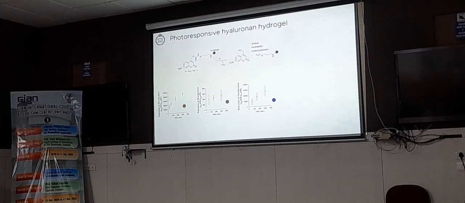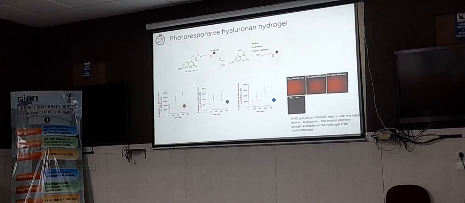So this is actually what's then happening. Here on the black dot, you have it attached to the hyaluronic acid. And then when you irradiate, you create this amine, hydrazine, and hydroxyamine group. But what we then wanted to see is if this group is active. If you have an amine in the hydrogel, can you actually attach something to it?